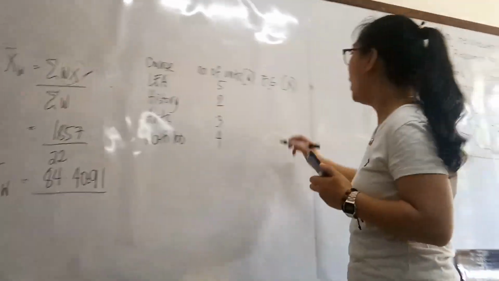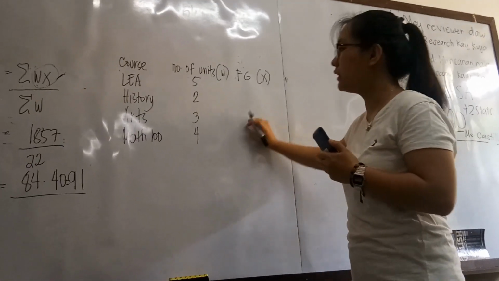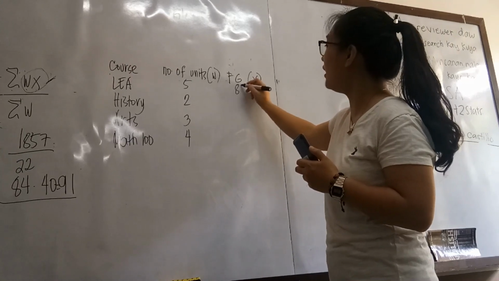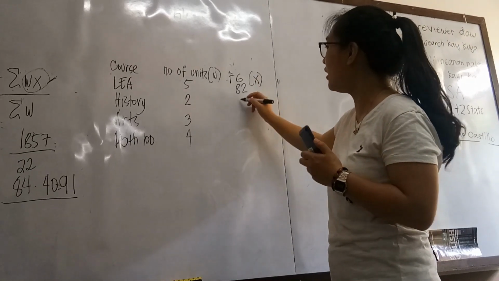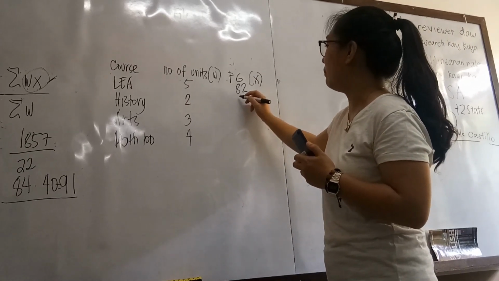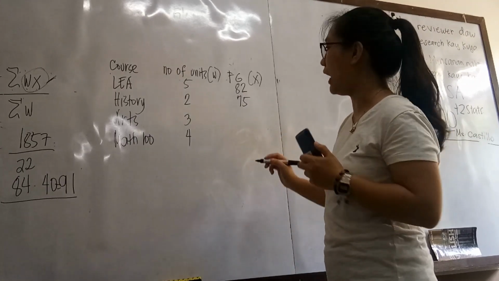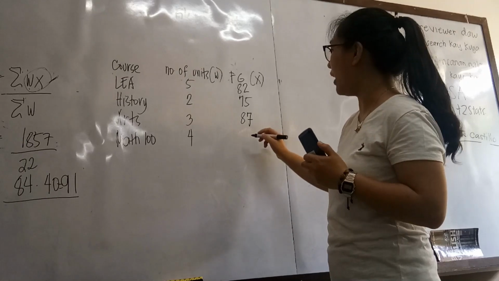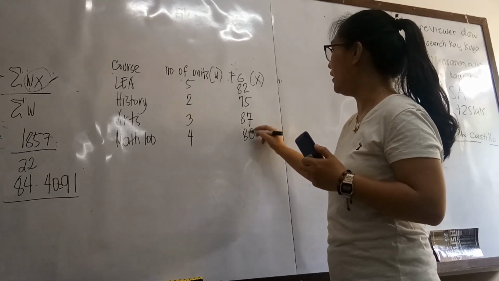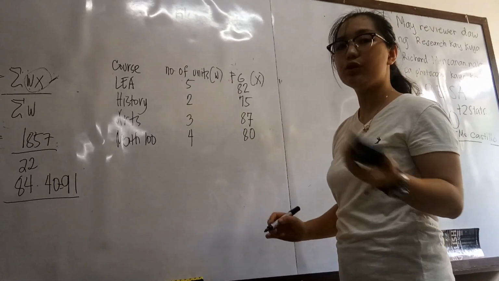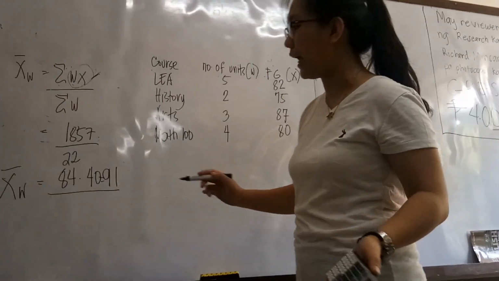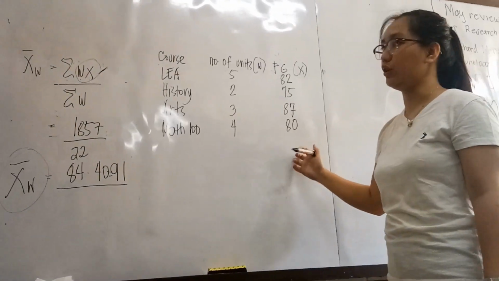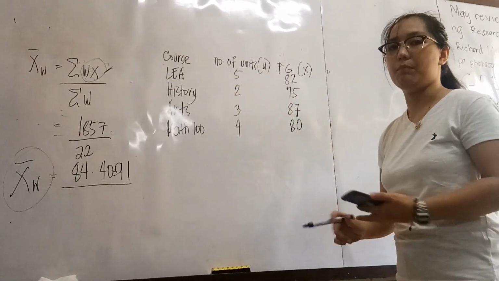Example lang. If the final grade of this person, Leia, is 82, history 75, arts 87, and math 80. So on your notebook, I want you to get the weighted average of this person using this example.